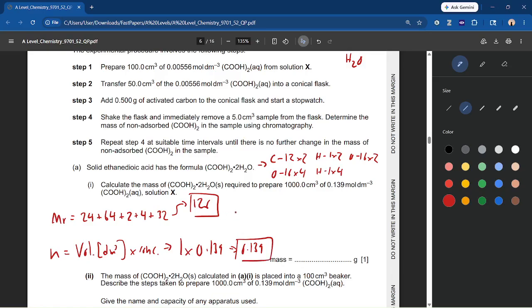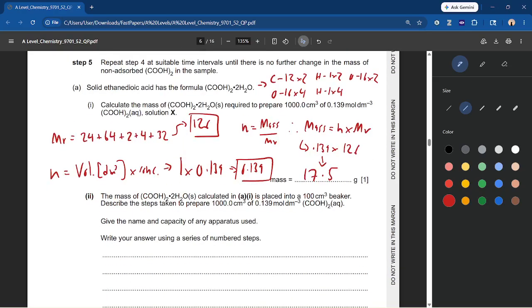So now we know the MR. n is equal to mass by MR, so mass is equal to n times MR, which means 0.139 times 126, which gives you a total of 17.5 grams. All right, first question, nothing too hard.